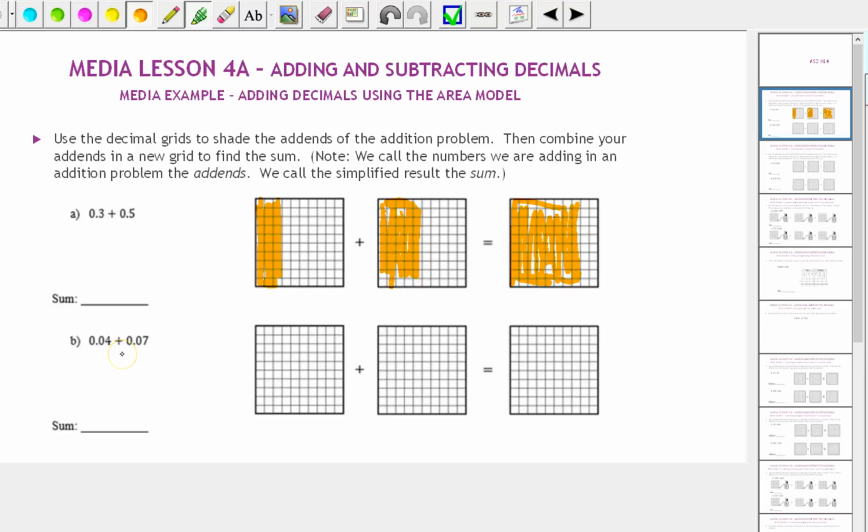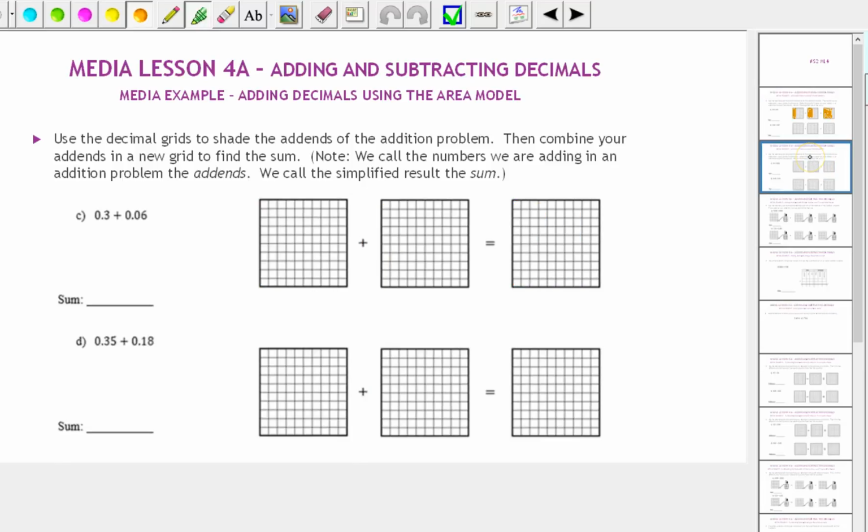Similarly for 4/100ths and 7/100ths, let's look at a new one that has multiple ones. So 3/10 and 6/100ths. So there's our 3/10. That looks like 6/100ths, I think. And then when we combine them, we want them to see we're not adding 3 and 6 together.